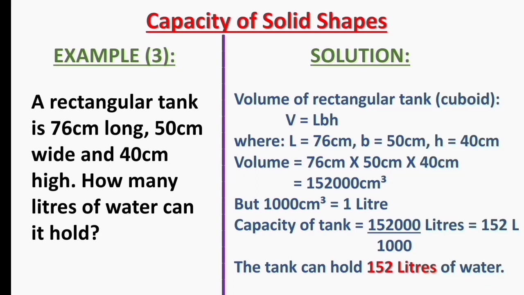That will give us 152 liters. So the answer to the question in example 3, the tank can hold 152 liters of water. I hope question 3 is clear to you.